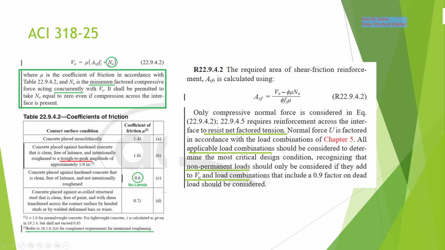This term is for the compression. If you have a permanent compression on the shear plane, the code now permits you to increase the shear friction capacity because of this permanent compression. This is very important.